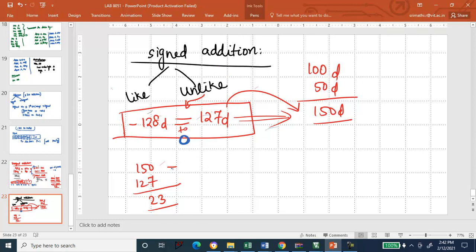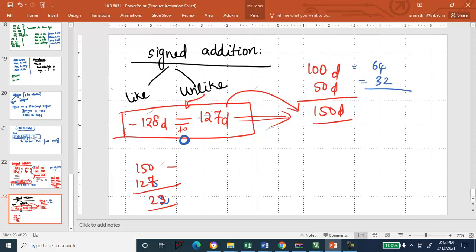I can even say if I include this 128, 150 minus 128 will be 22.